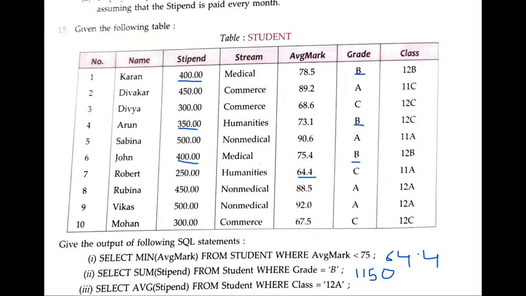Then next question. Select AVG of stipend from student where class is equal to 12th A. Some students are very smart. Books are already open, but the best part is no answers are given.